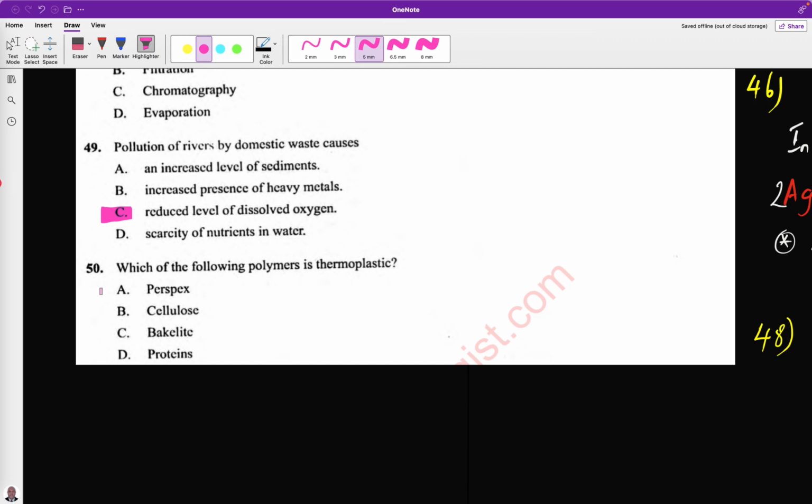You can call it an acrylic glass or polymethyl methacrylate. That is another name for Perspex. So all the examples I've given are examples of thermoplastic polymers. Cellulose is not an example of it. Bakelite is not an example of it. And protein is not an example of it. So the right answer for question number 50 is A.